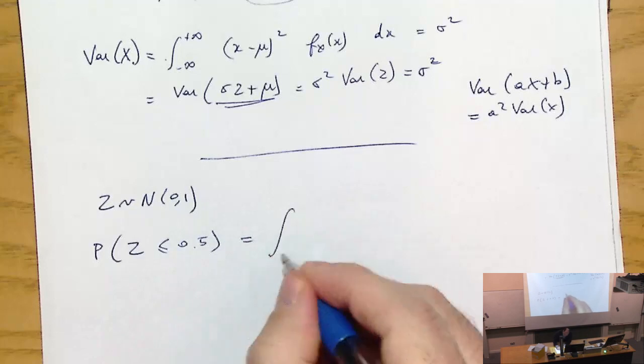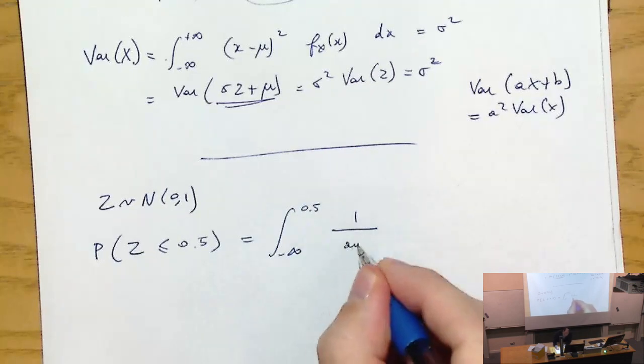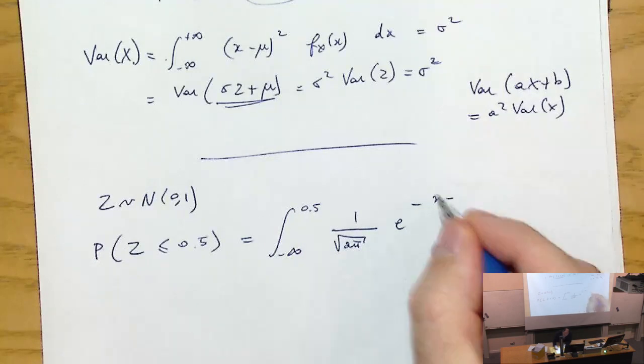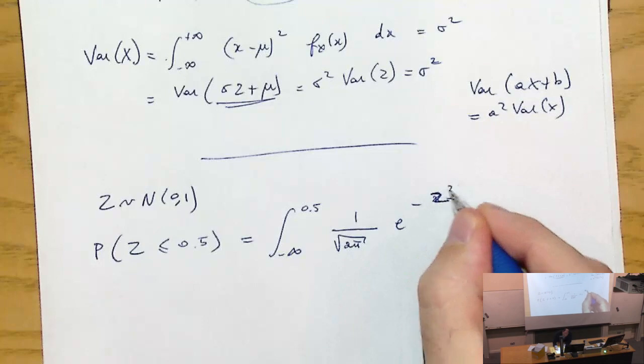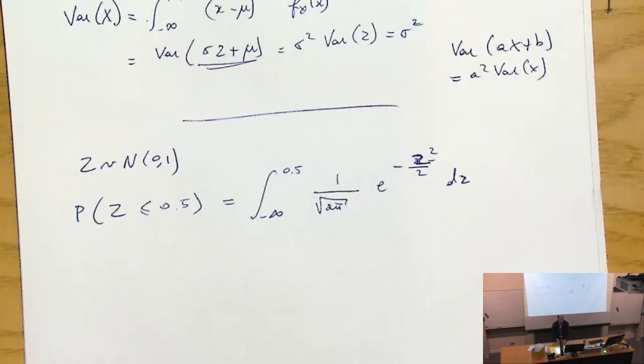This is the integral between minus infinity and 0.5 of 1 over square root of 2 pi, e to the minus z square over 2, dz. This integral you cannot compute in closed form. There is no solution for this. You can compute it numerically, or you can use tables.